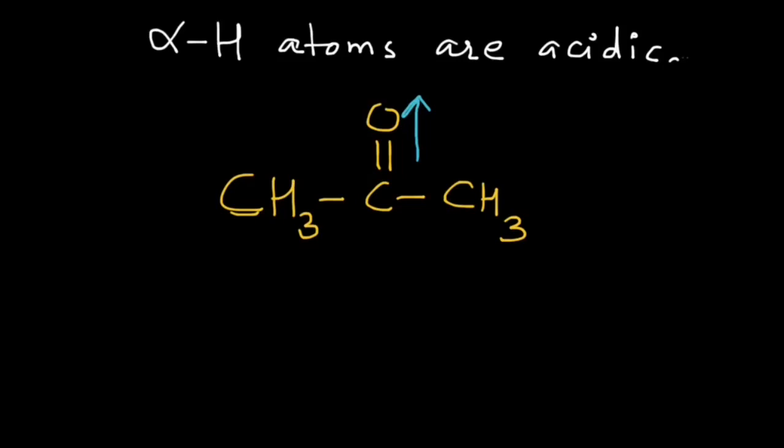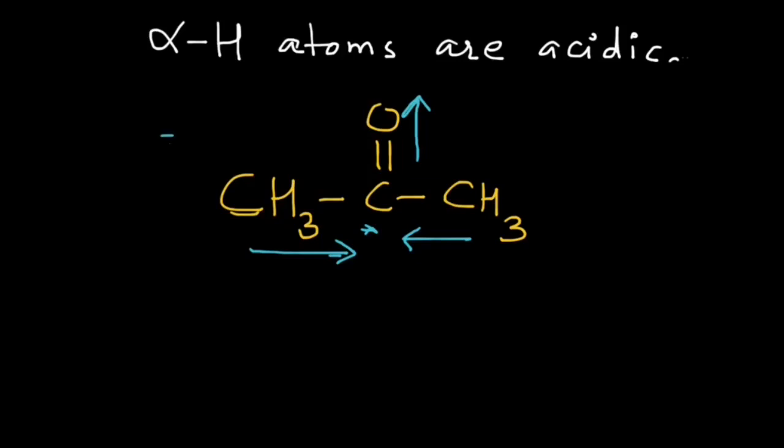Because of that, this carbon atom present here will be deficient in electrons, and so the adjacent carbon atoms will try to shift some of their electron density towards this carbon. So these arrows show the flow of electrons.